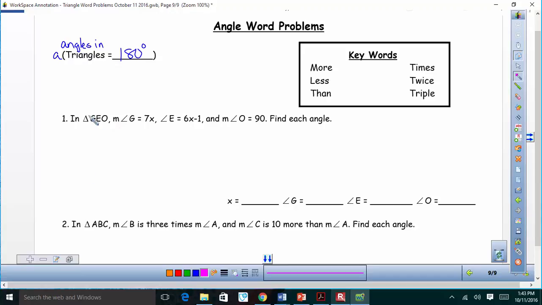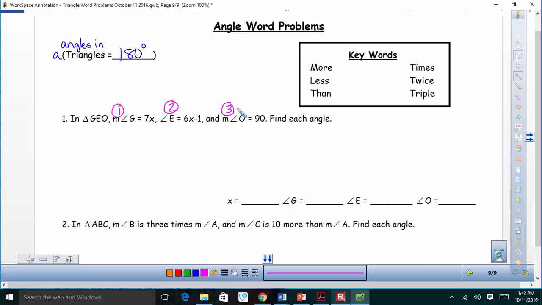So I have triangle GEO. Angle measure G, my first angle, is 7x. My angle measure E, my second angle, is 6x minus 1. And my third angle measure is 90. Okay?